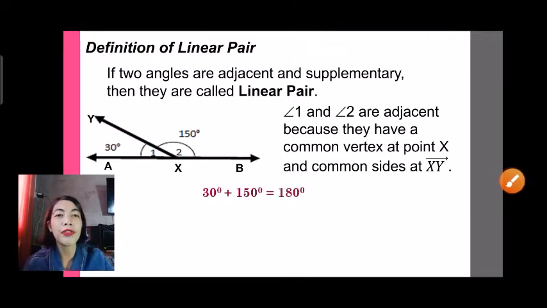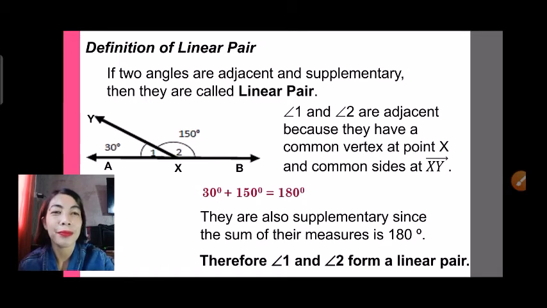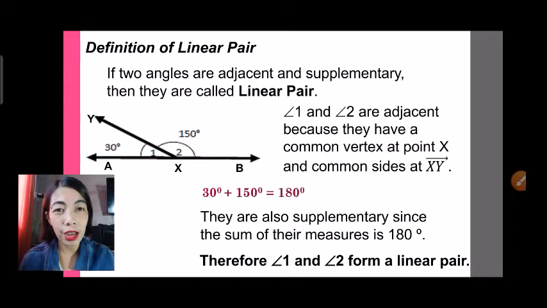And 30 degrees plus 150 degrees is equal to 180 degrees. Therefore, they are also supplementary because the sum of their measures is 180 degrees. Therefore, angle 1 and angle 2 form a linear pair. These are two angles that are a linear pair.